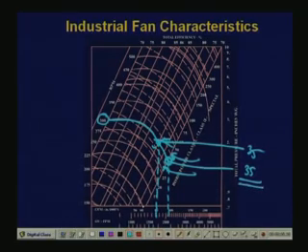If you do 60%, where are you? You are somewhere over here. So, that is a little reduced.